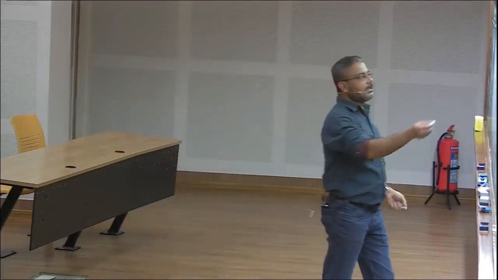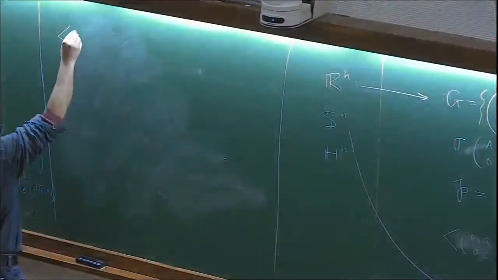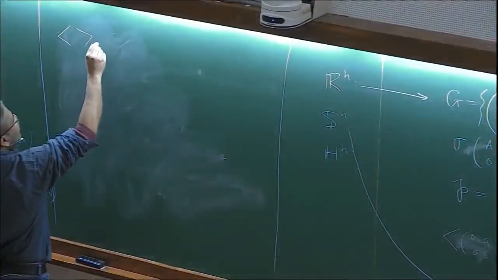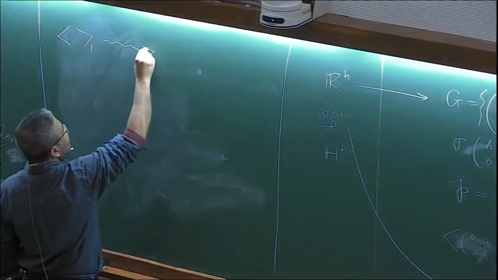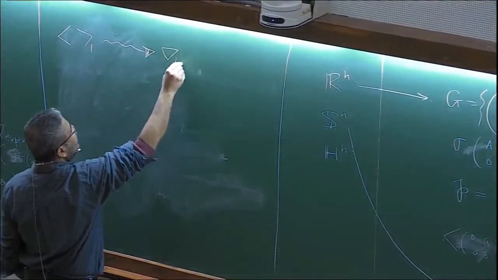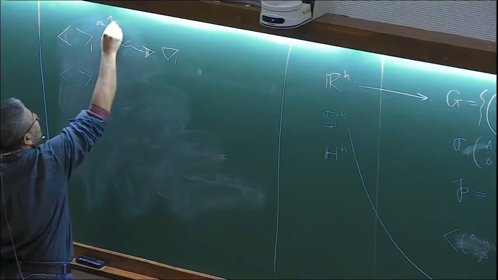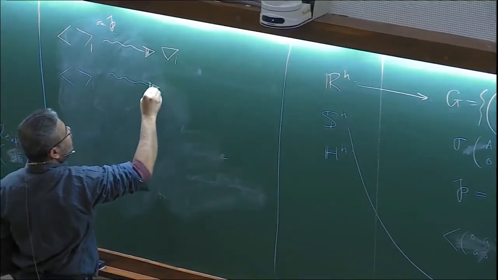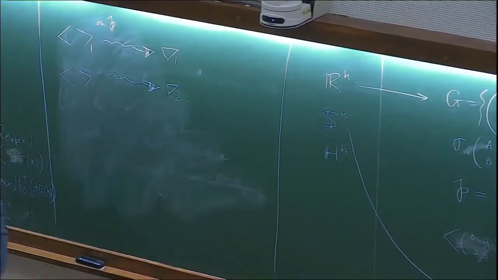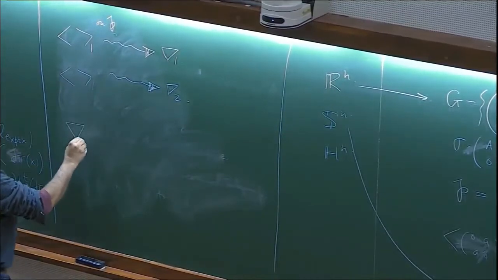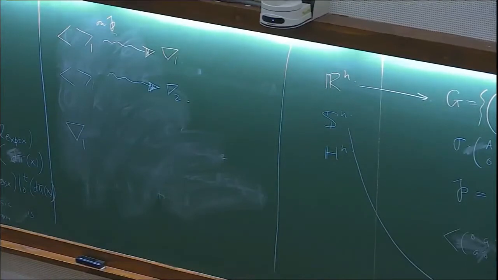And why is that true? So suppose I have one metric here, I have one connection here, I have another metric. These are all on P. I get two connections. Then what is this one?